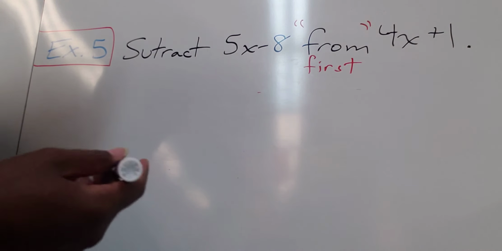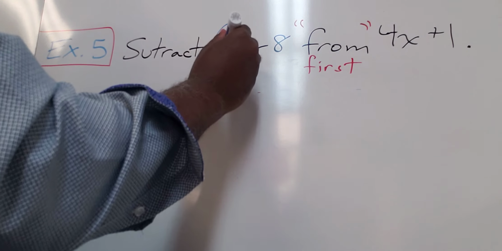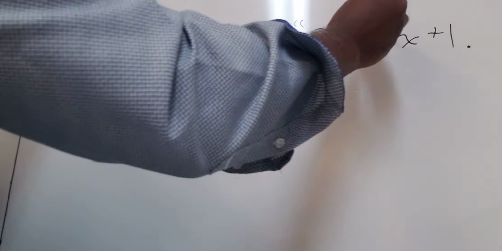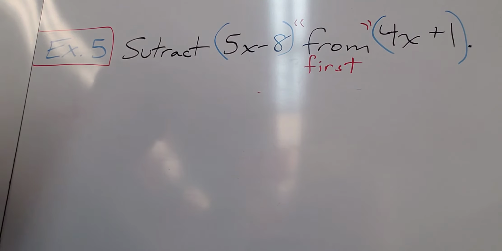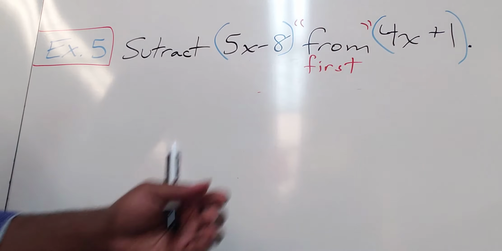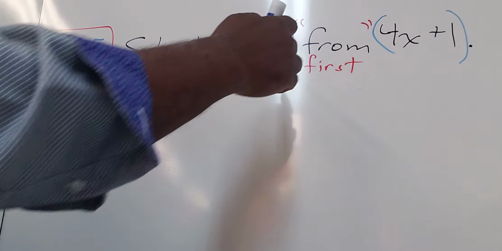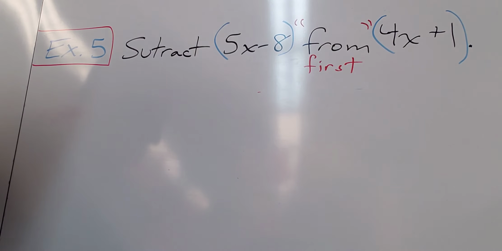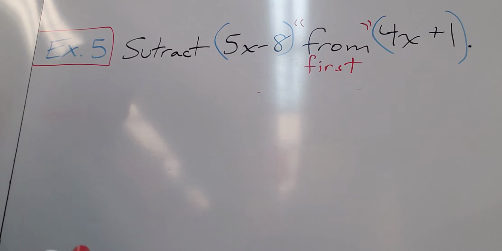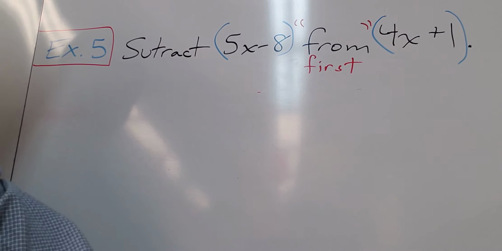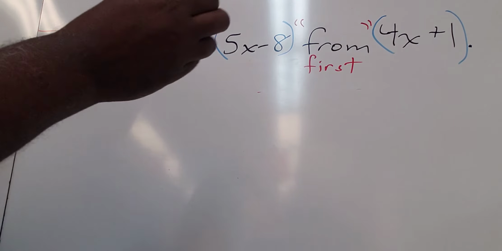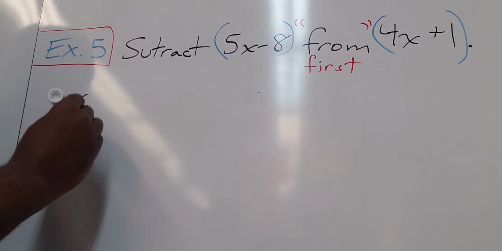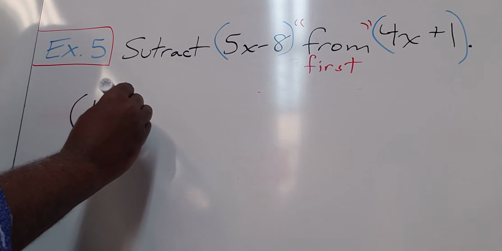Let's put parentheses. I like to put parentheses around polynomials. It helps me separate them and talk about them together as a group. So we have our 2 binomials here. Why do we say from is first? Notice they both start with F. When you rewrite this, you're going to put the 4x plus 1 first.